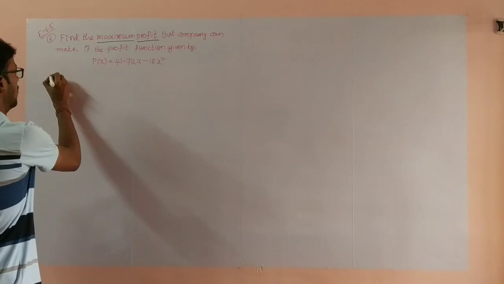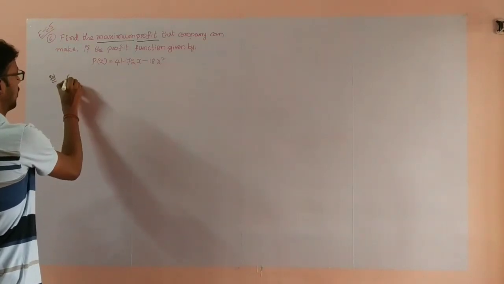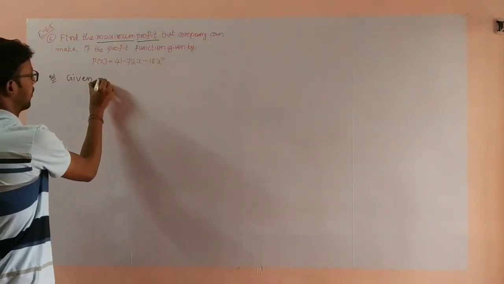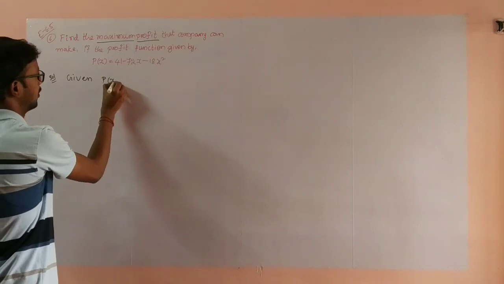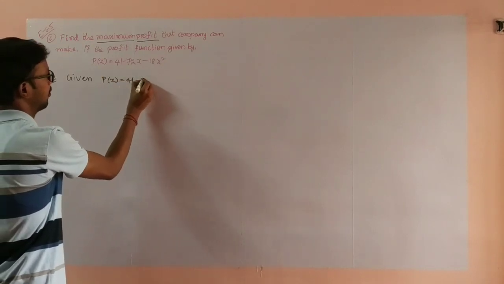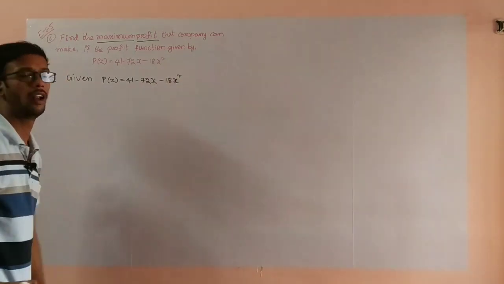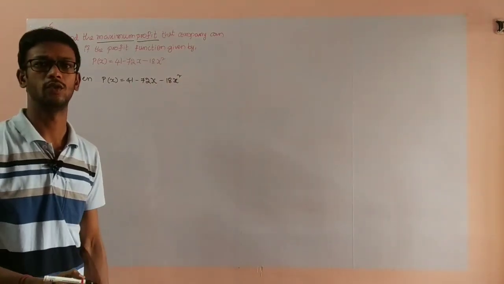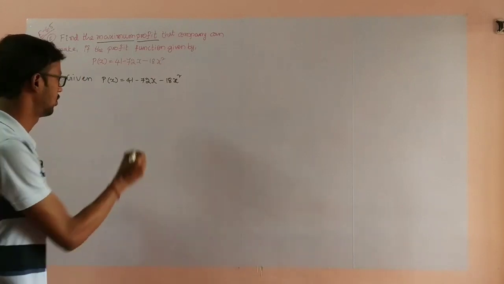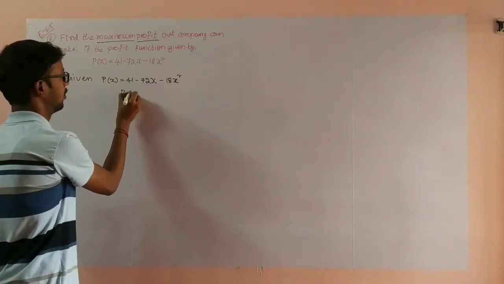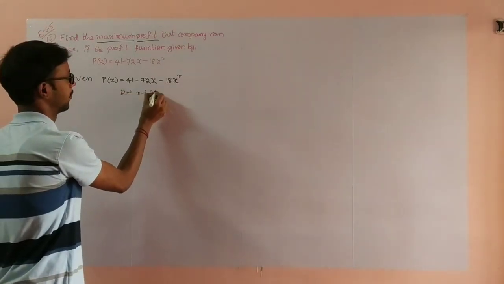First of all, given P of x is equal to 41 minus 72x minus 18x square. Second derivative test I'll use. How to do the second derivative test? First, derivative with respect to x.